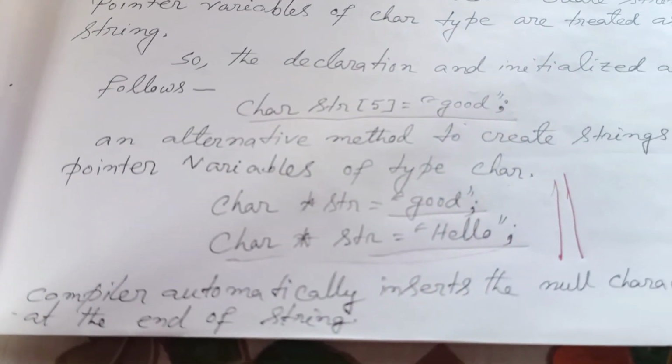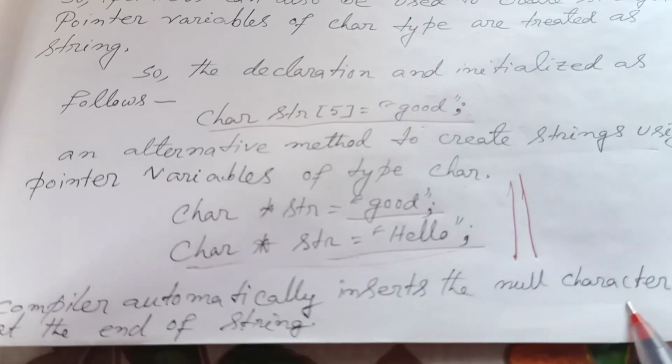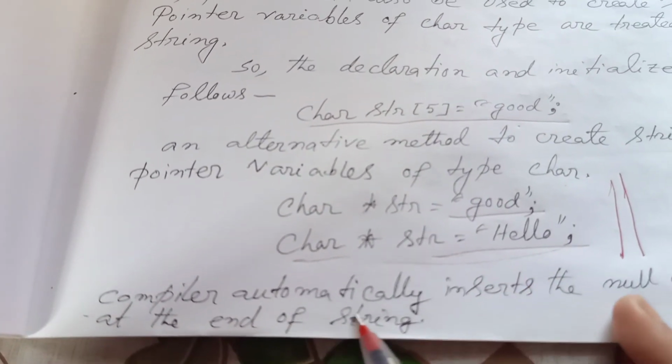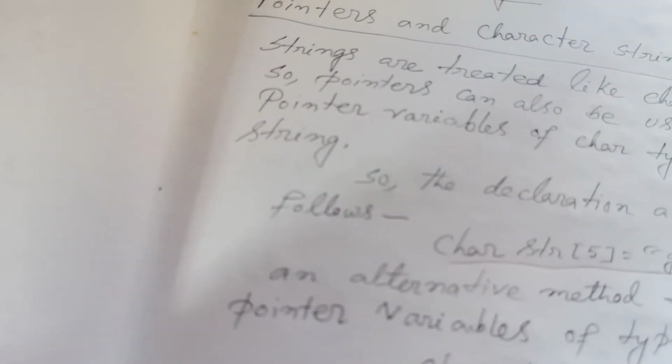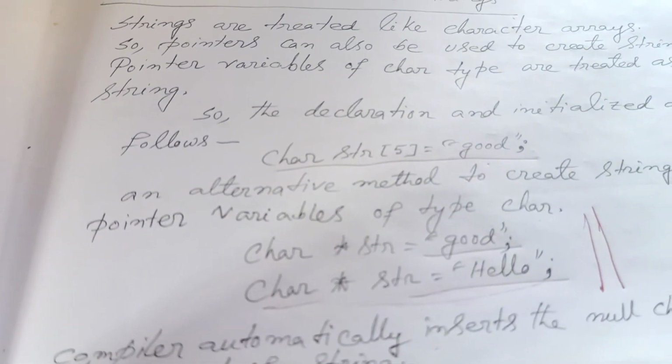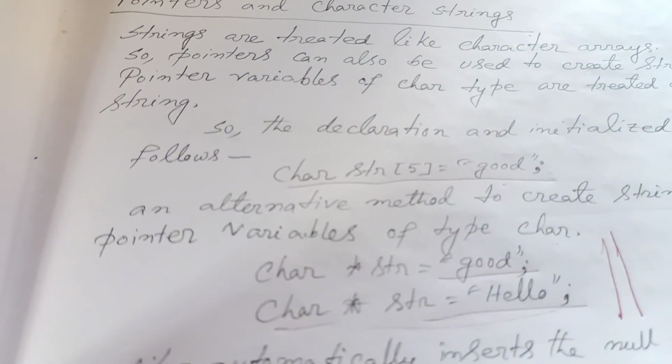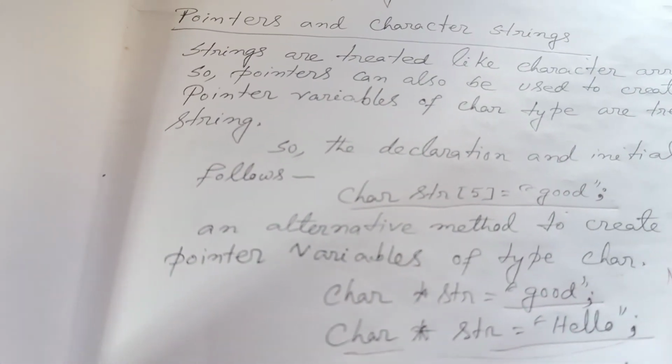Now the compiler automatically inserts the null character at the end of the string. In the string part we can see that the compiler automatically ends the string with a null character. So here when we are using a pointer, the same thing will follow.